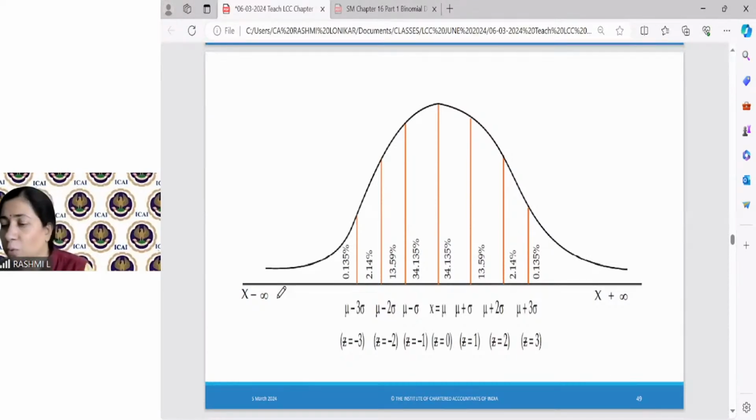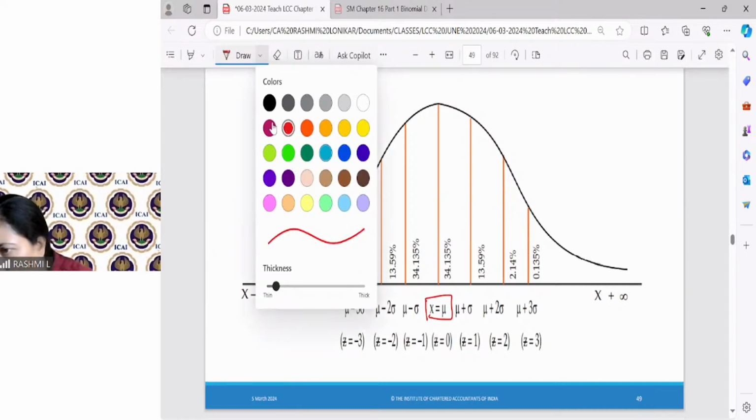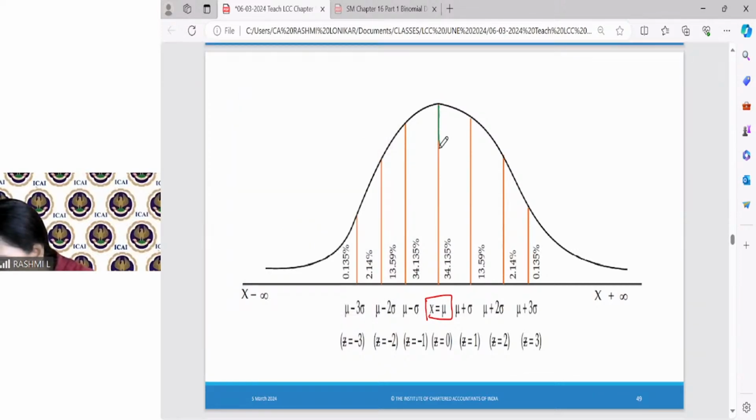Okay. Now, I'm going to explain the chart, the graph that is there in the book also. Here, see, the starting point is here. X is equal to mu. तो इन्होंने सारे लाइंस एक कलर के किए हैं, तो मैं आपको इधर दिखा दूं. दूसरा कौन सा कलर है, ये वाला ले ले, ग्रीन. ये है ना, ये आपकी लाइन ऑफ सिमेट्री है.